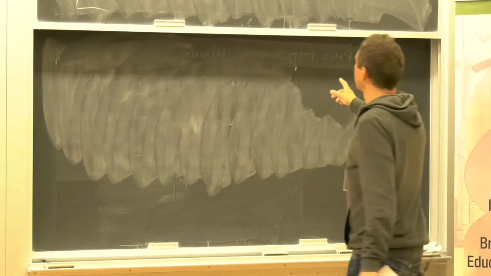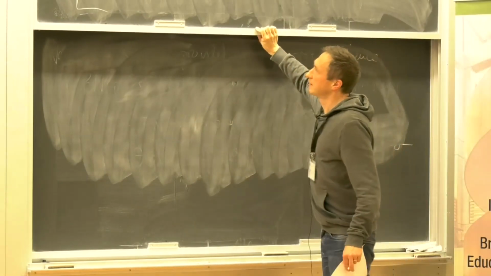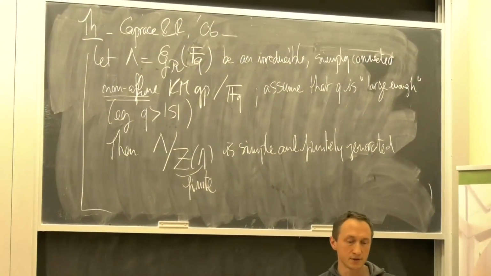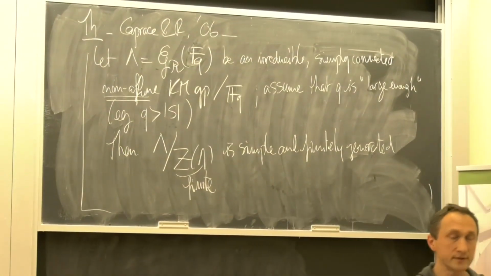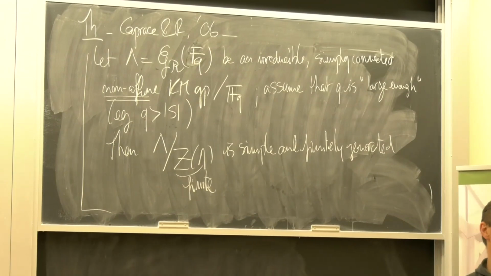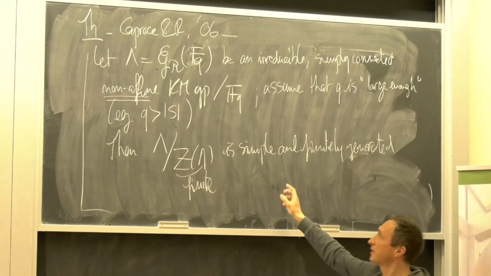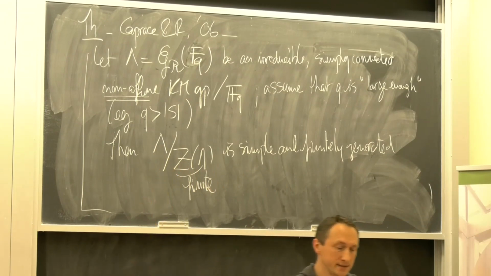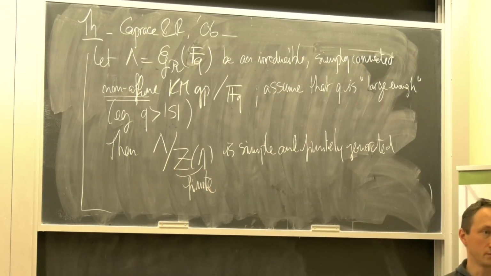Namely, if you assume that A is nice, in such a way that the Coxeter matrix has no infinite coefficient, this is what is called two-spherical, and if you assume that Q is large enough, with a less explicit bound, what you get is finite presentability of the group. It's not even finitely generated, but it's finitely presented.